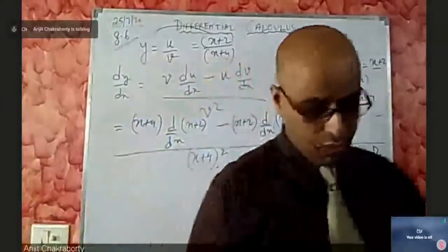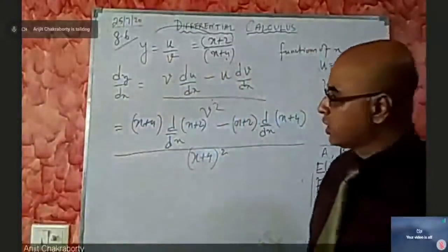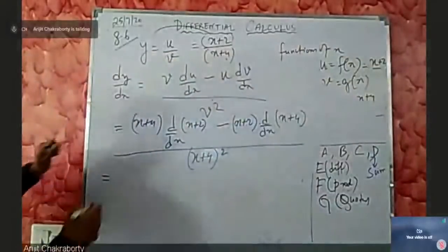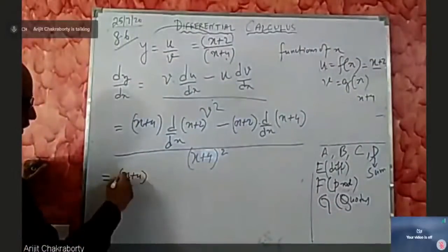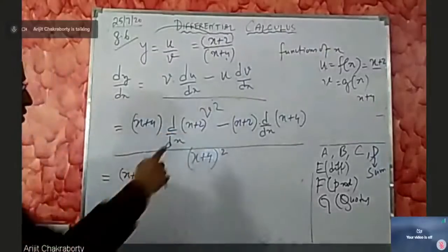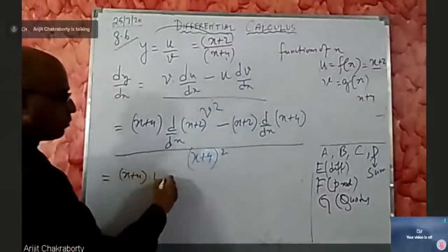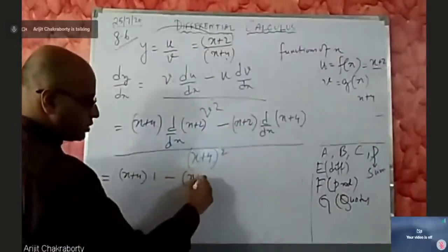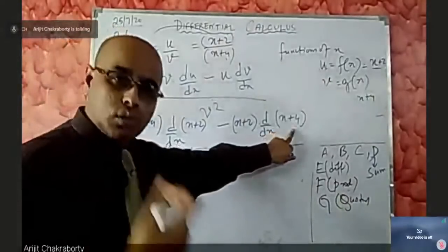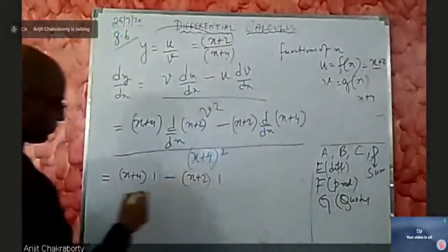So let us see what this formula gives us. Now, this equals x plus 4 as it is. X plus 2, differential coefficient of x plus 2 is 1 because x will become 1, so 1. Minus x plus 2 is outside. Differential coefficient of x plus 4 is also 1, so 1.